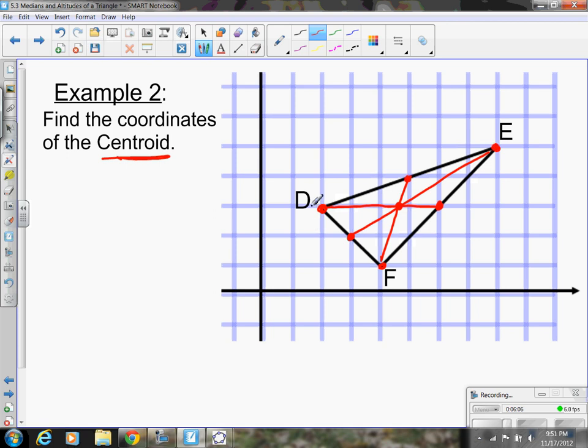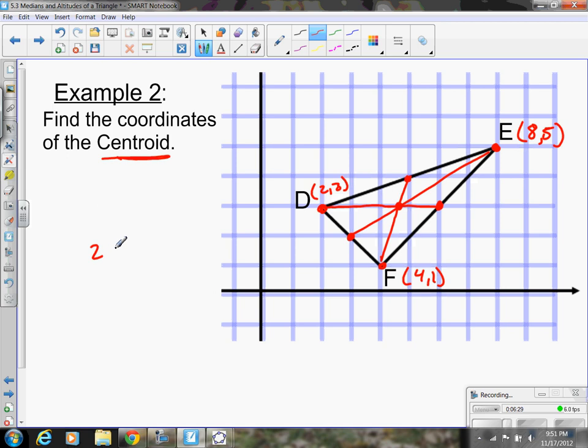So labeling these coordinates, B is 2, 3, E is 8, 1, and F is 4, 5. So the coordinates of your centroid are going to be the average of your x coordinates.